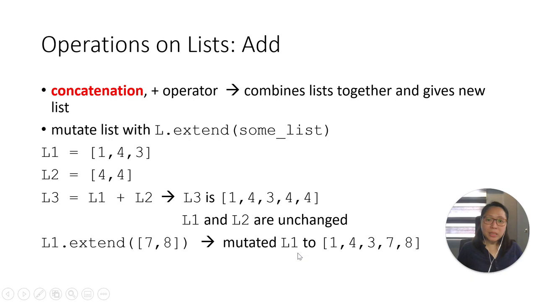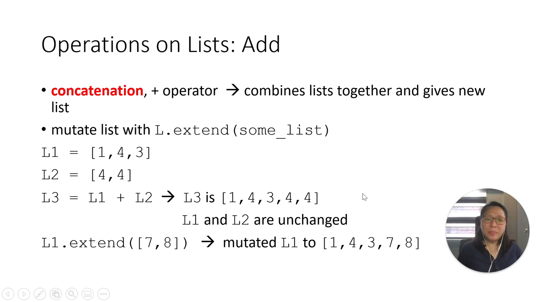L1 mutates to 1, 4, 3, 7, 8. Therefore, L1 binds now to the same object, but that list object has 2 additional elements at the end. So that's how extend works. It's a mutation of the same list object.